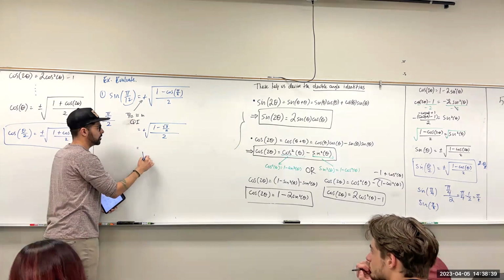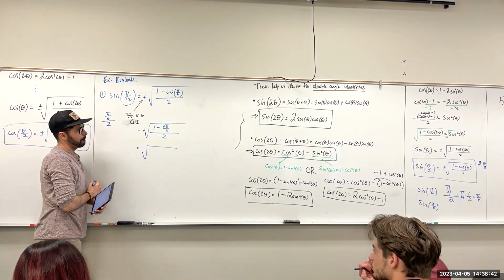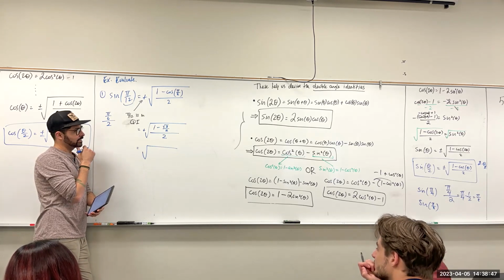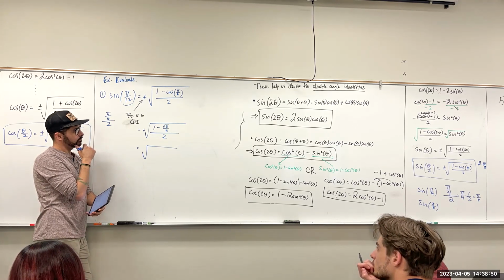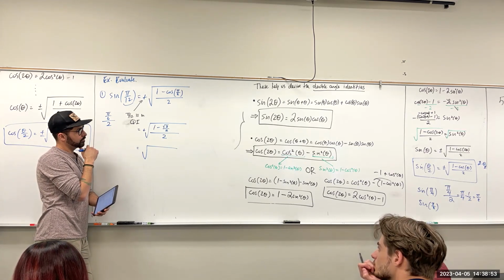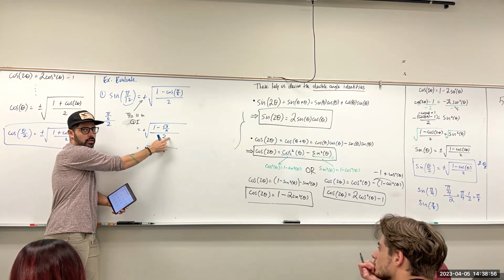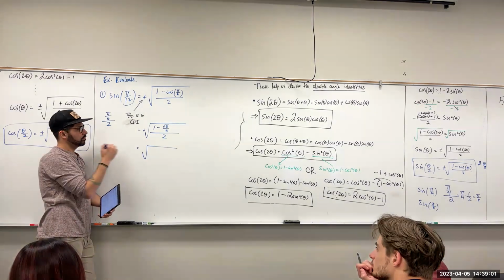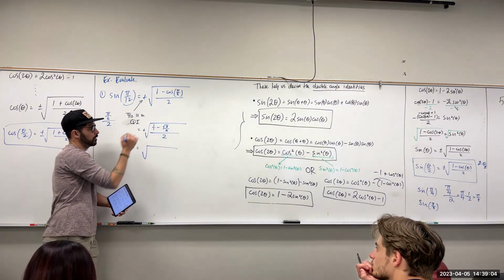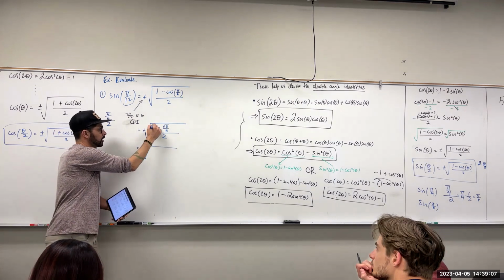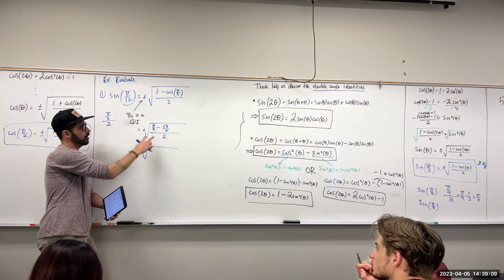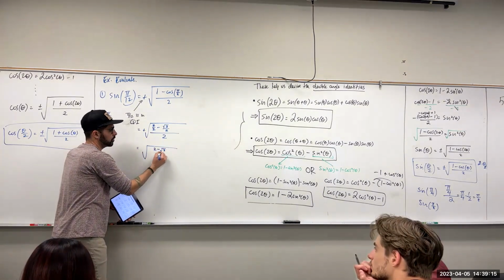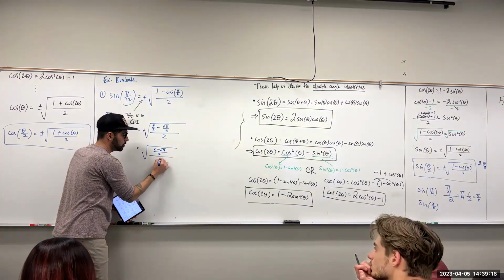So here, I want you guys to help me. What should I do? What can we do from there? I'll deal with this 2 in a little bit. But what can we do to the top first? This one is 1 over 1, right? So it's really 2 over 2. So now I have a common denominator, so I end up with 2 minus √3 over 2, all over 2.